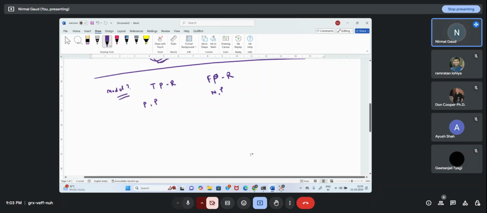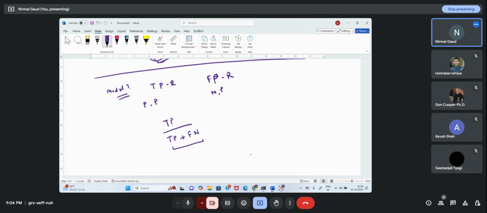So TPR, true positive rate, means true positive upon true positive plus false negative. That means all the positive instances divided by the positives. This is also recall.